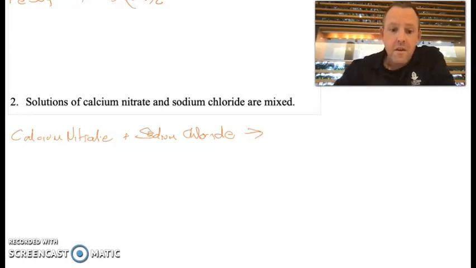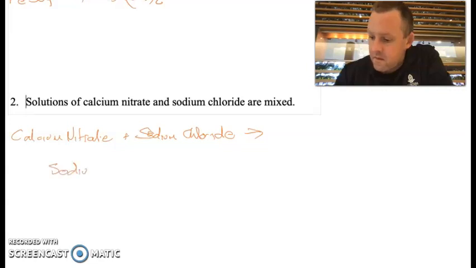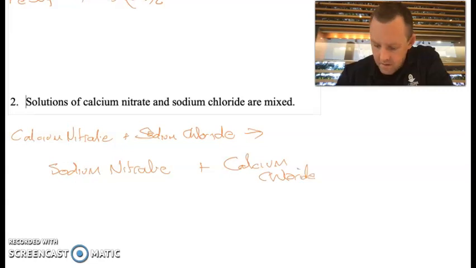You're going to have sodium going with nitrate. So sodium nitrate's first one. And then calcium chloride as your second product. Cool. Now, get your formulas.